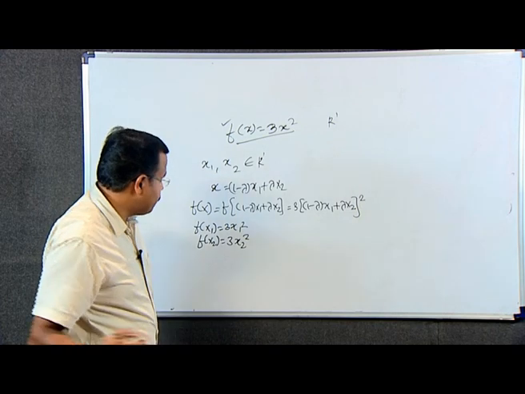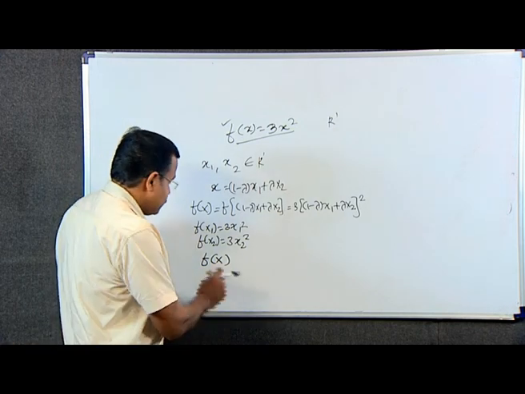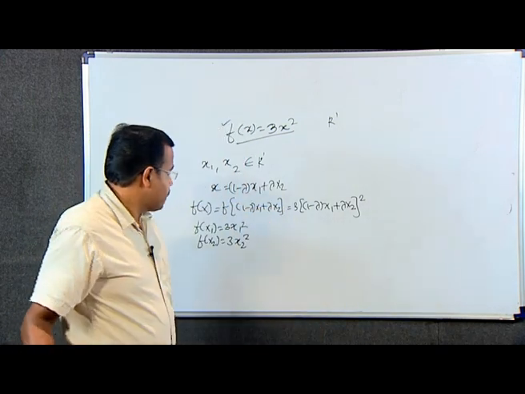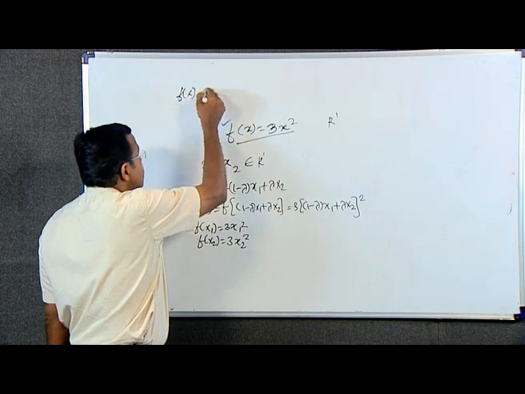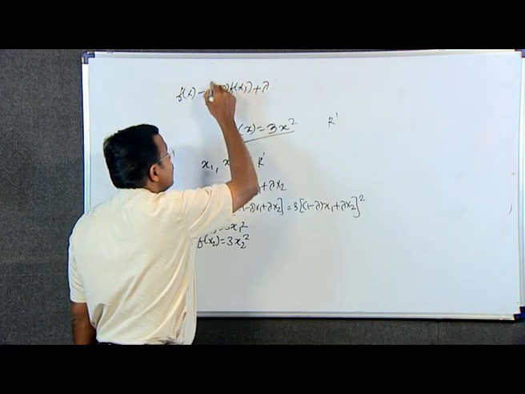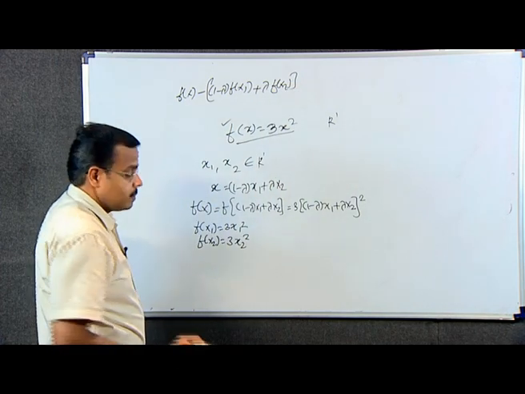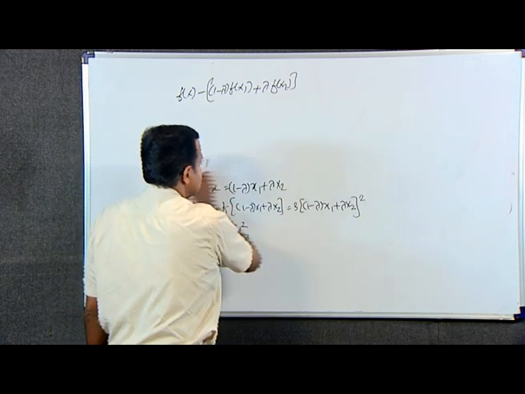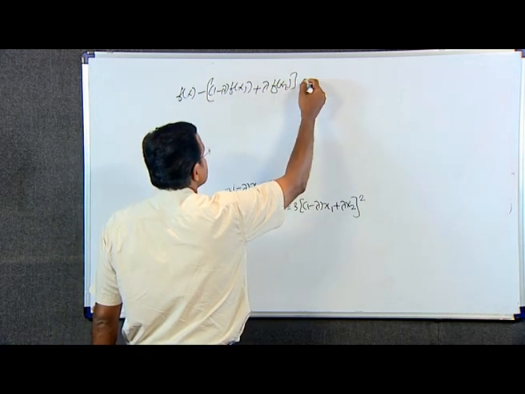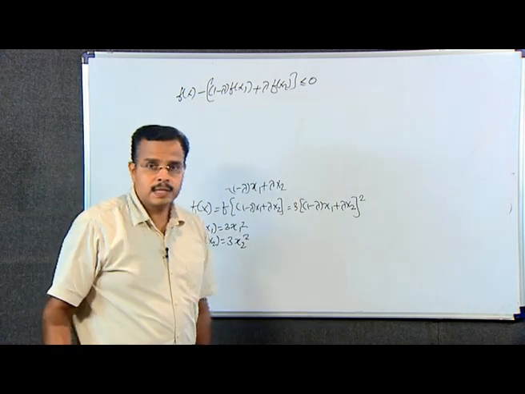So, if f of x minus ((1 minus lambda) f of x1 plus lambda f of x2) is less than or equal to 0, we can say the function f of x is a convex function.